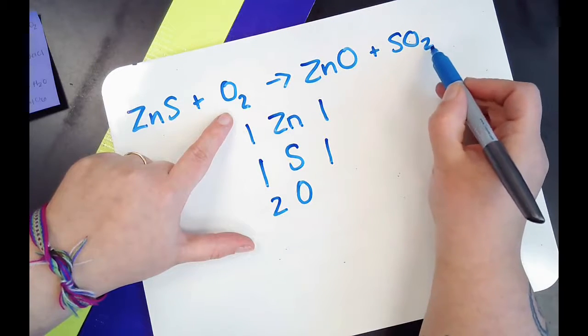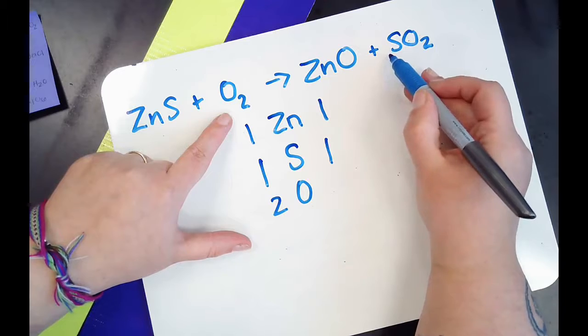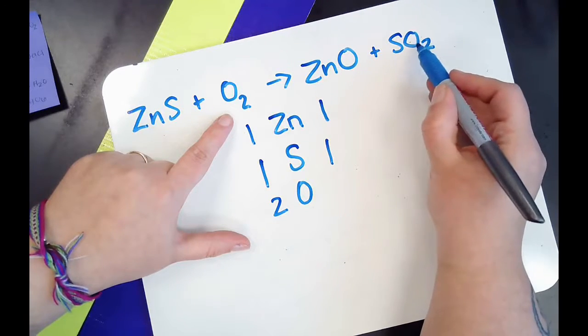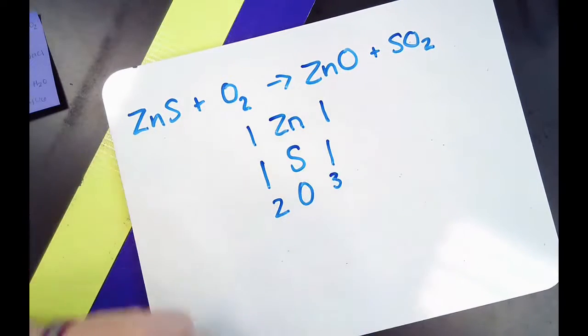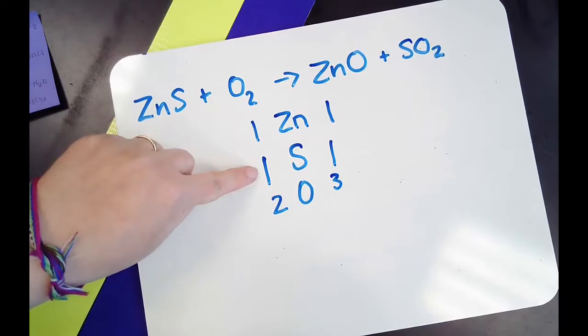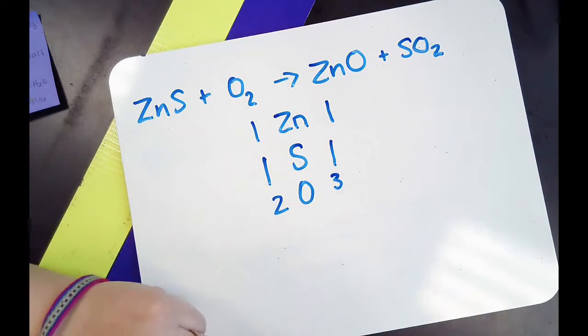Remember that this subscript applies to this oxygen, but not this sulfur, okay? So this is 2 oxygens and 1 oxygen, which gives me 3, okay? So you're like, Miss Latner, this is already balanced, this is already balanced. How am I going to get a 2 and a 3 to balance, okay?